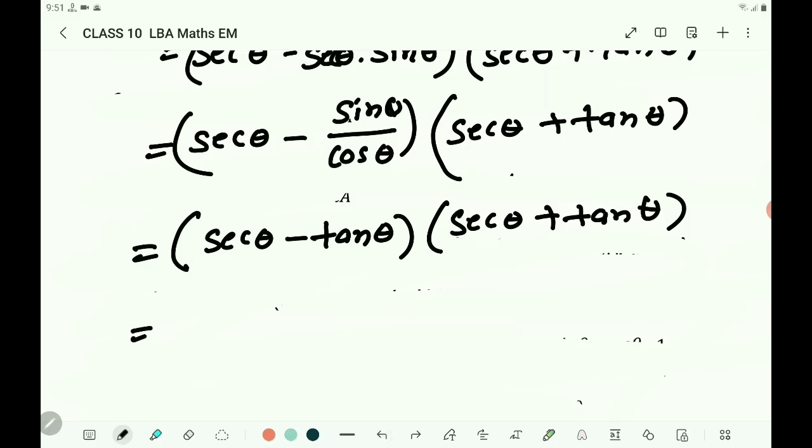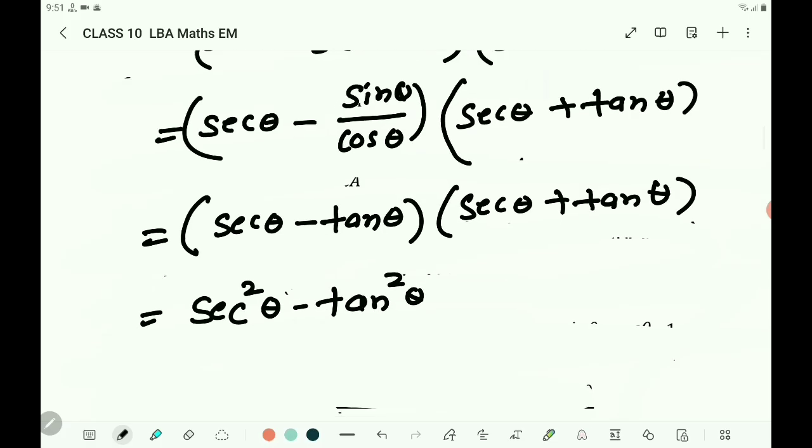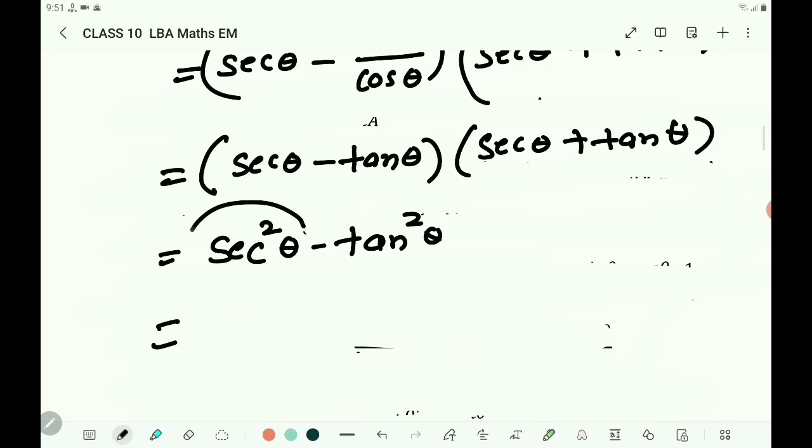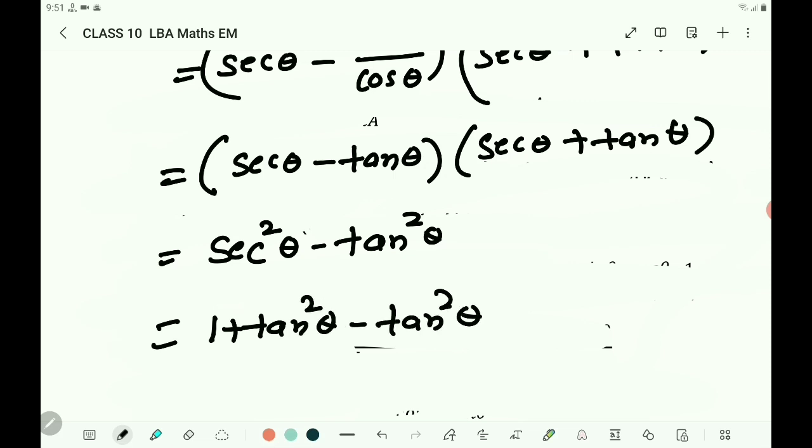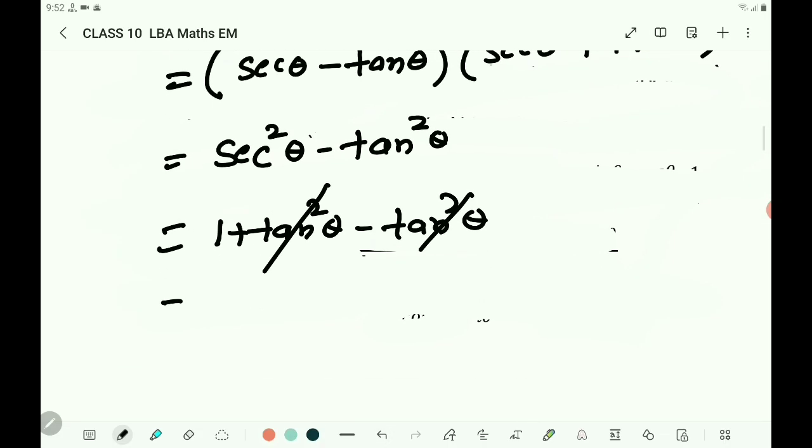Now you express secant square theta in terms of tan, that is 1 plus tan square theta, minus tan square theta. Tan square theta cancels. Only 1 remains, which is equal to RHS.